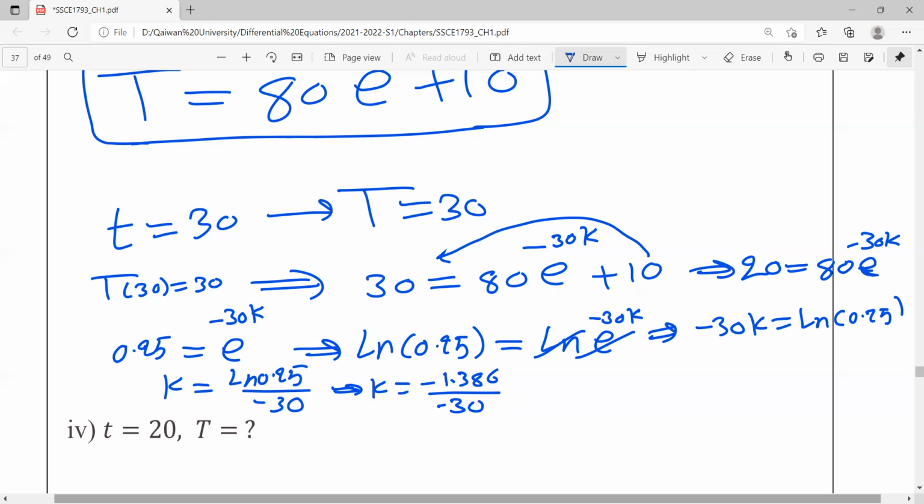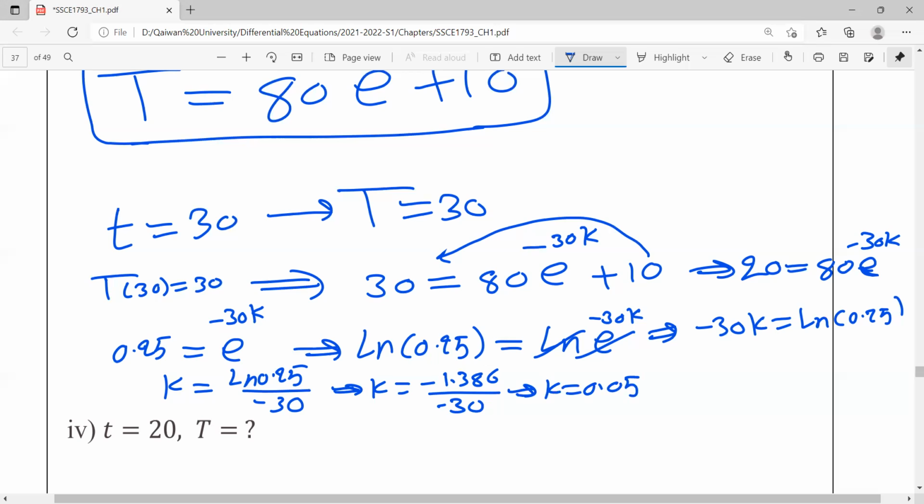So we just divide: 1.386 divided by 30 is equal to 0.046. Let's say 0.05. It's approximately 0.05. So K equals 0.05, approximately.